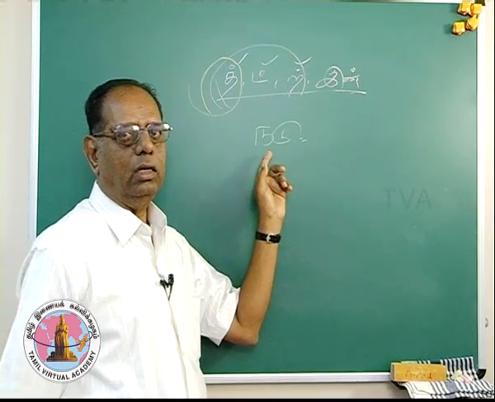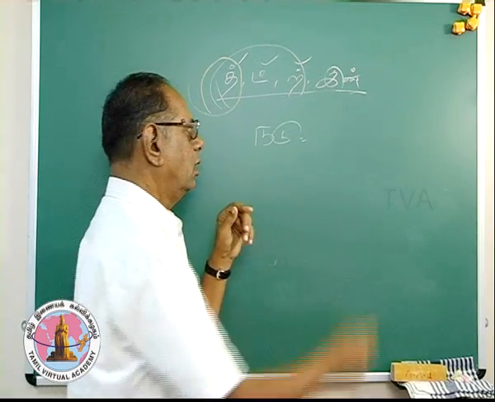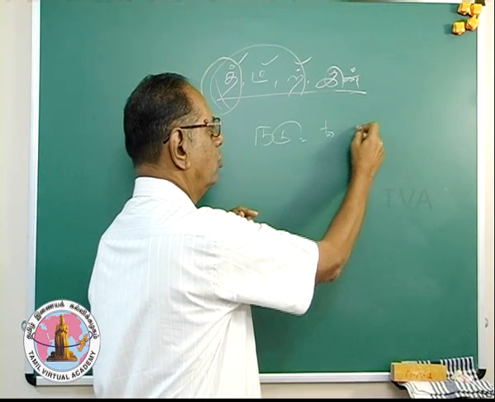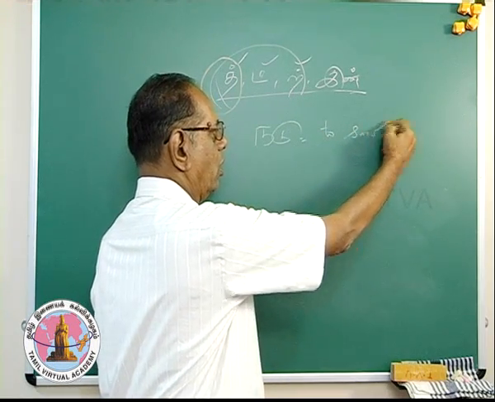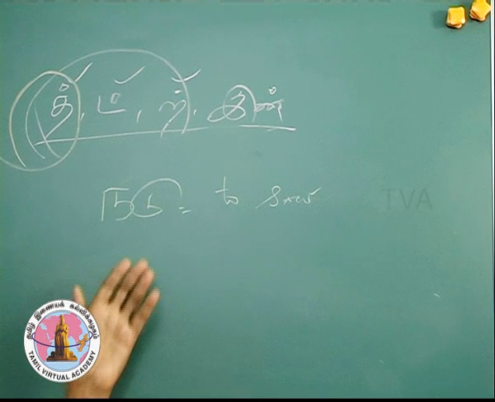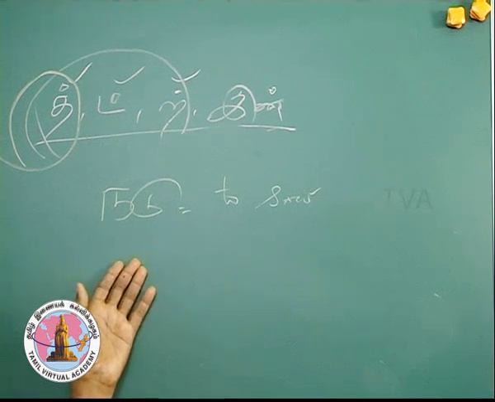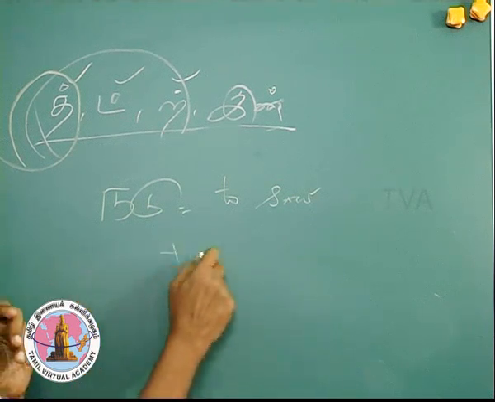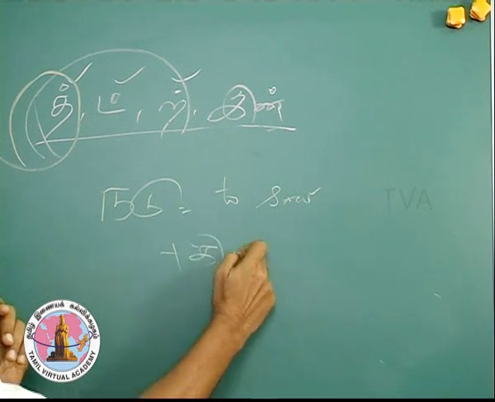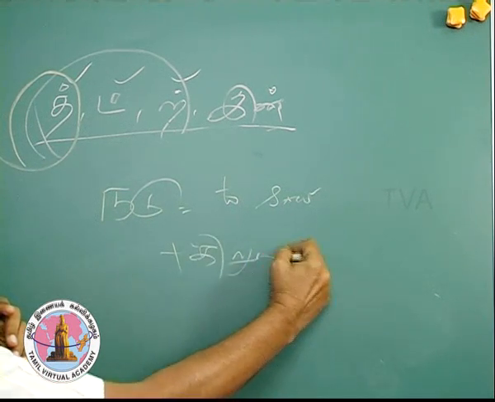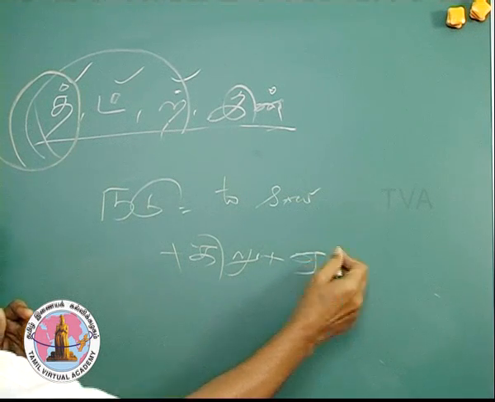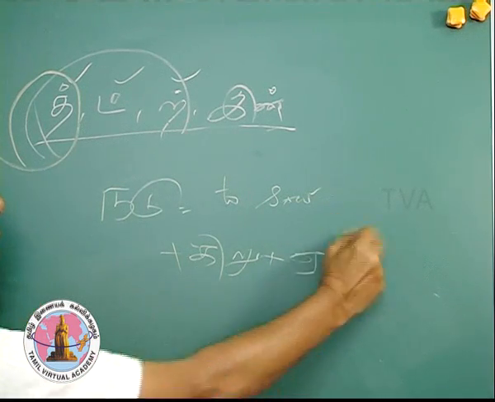You know, "nadu," to sow. Do you remember the present tense form? "Nadu" plus "kiru" plus "ain."